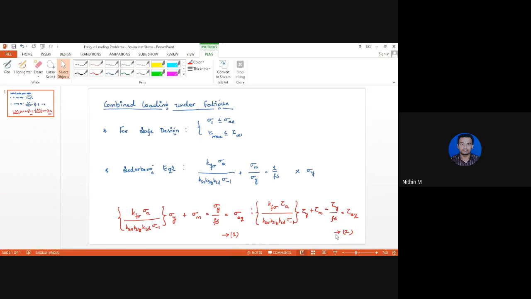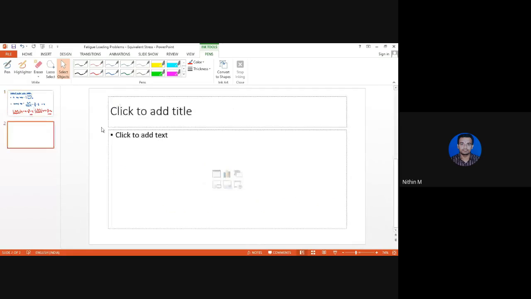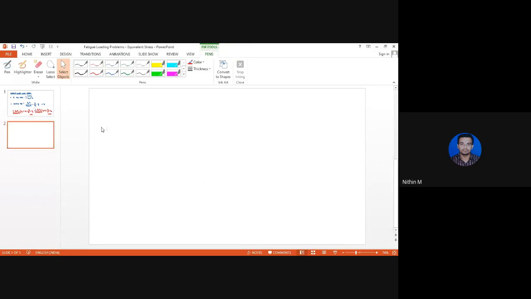The use of this equation we can best illustrate by making use of problems. So before we begin these problems, let us understand.